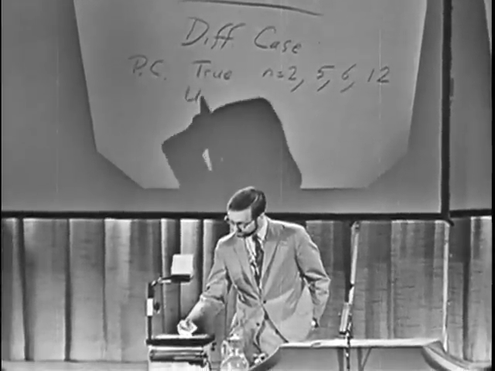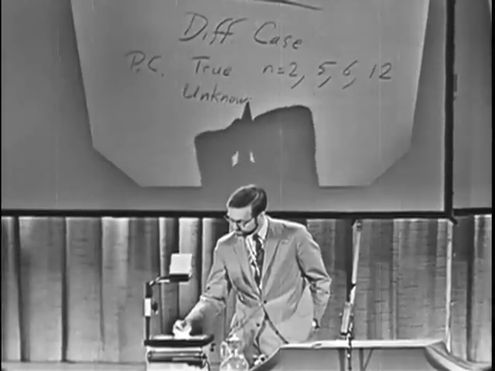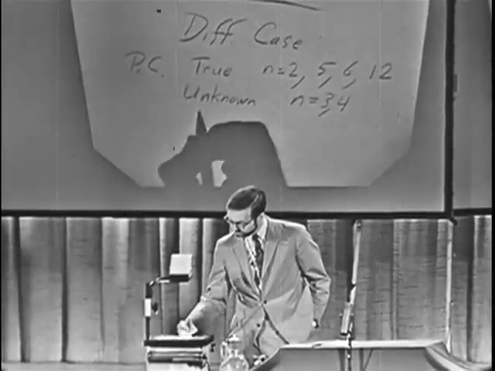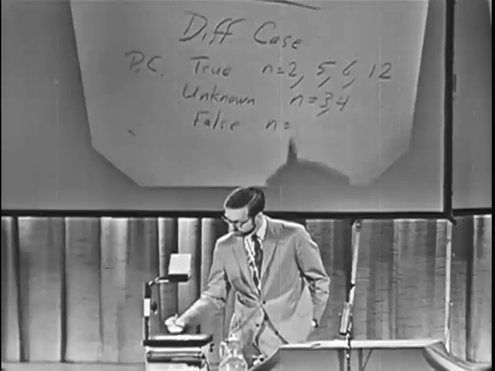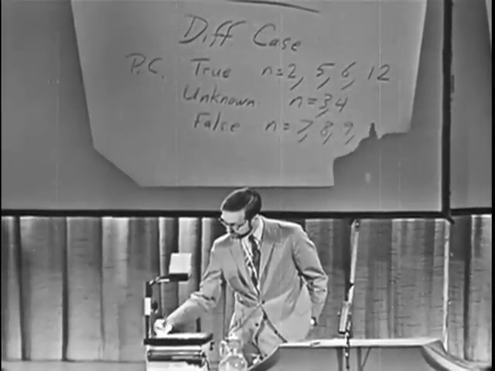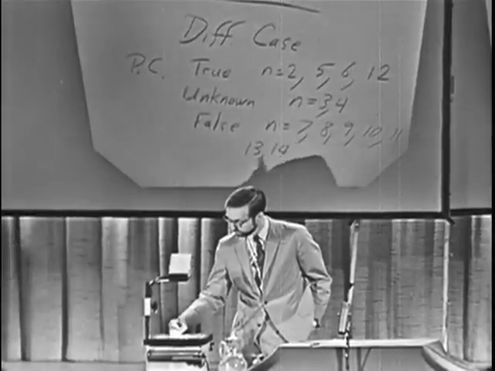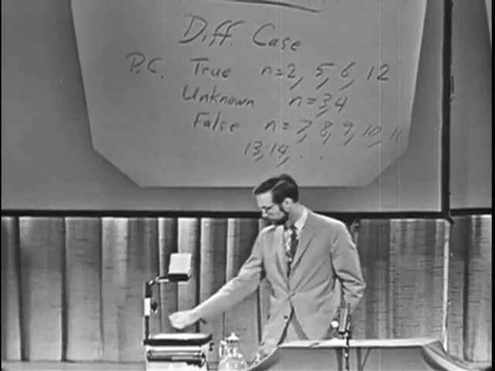And as in the other case, it's unknown for n equals 3 or 4. And it turns out to be false if n is equal to 7, 8, 9, 10, 11, 13, 14, presumably for all larger numbers. Well, it isn't actually known that it's false for all larger numbers.